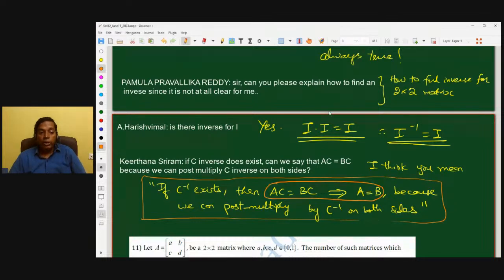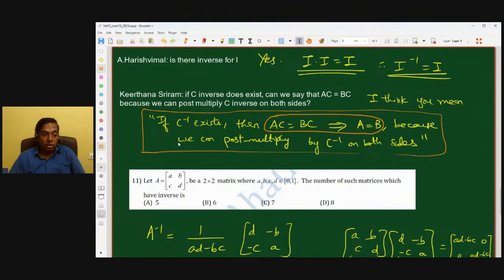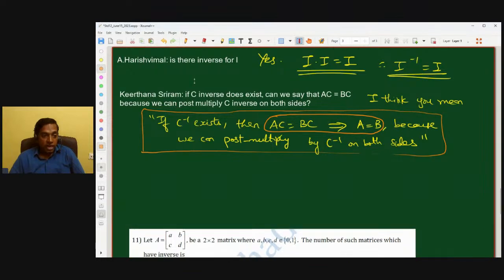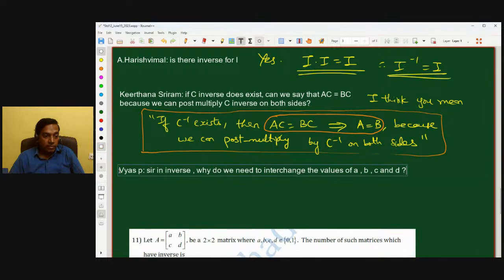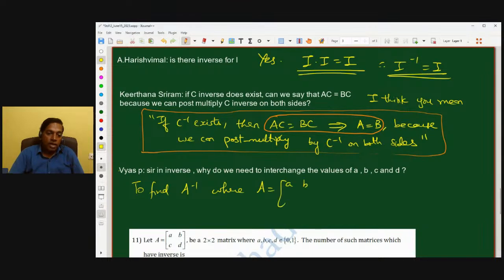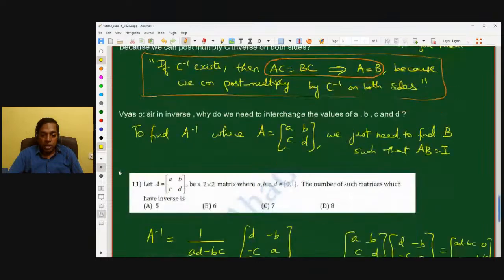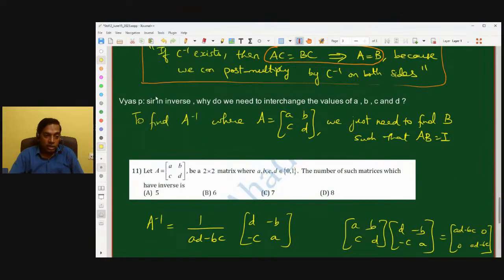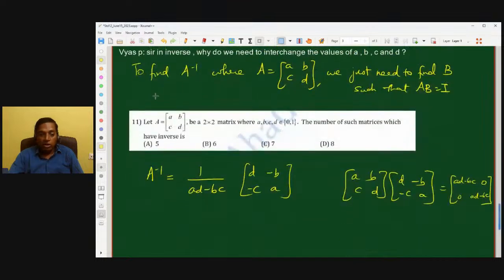Why do we need to interchange the values in the inverse? That is what Vyas P is asking. See, to find the inverse of the matrix with entries A, B, C, D, we just need to find a capital B such that AB is equal to I. Now, it happens that one convenient capital B is what we already guessed.